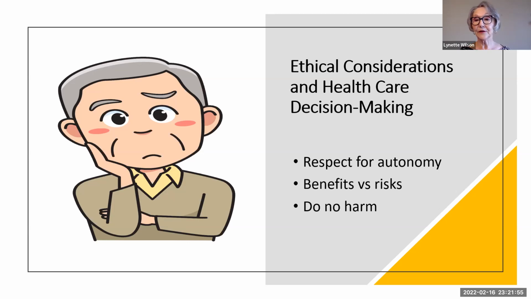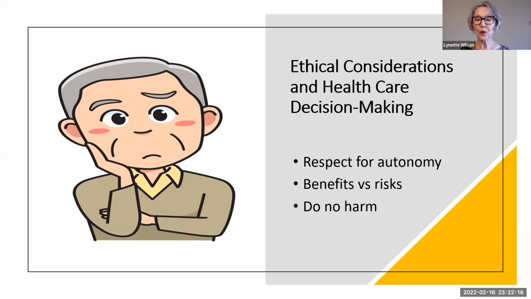And that is either the autonomy of the patient, himself or herself, or of the person who is that healthcare power of attorney. One of the components of autonomy, being able to make one's own decisions and have those decisions followed, is informed consent.